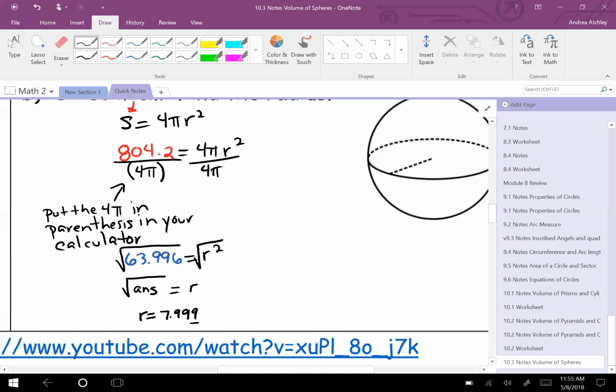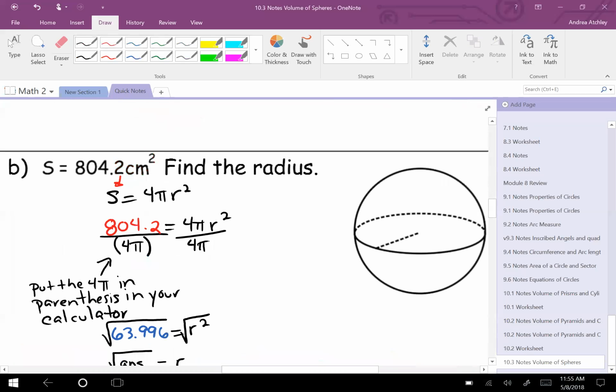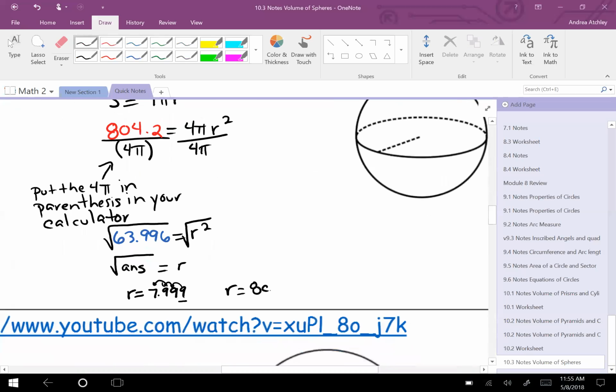The 9 makes the 9 move up, which makes the 9 move up, which makes the 7 move up. So the radius is 8, and this is centimeters. Any questions over that? We're all good?